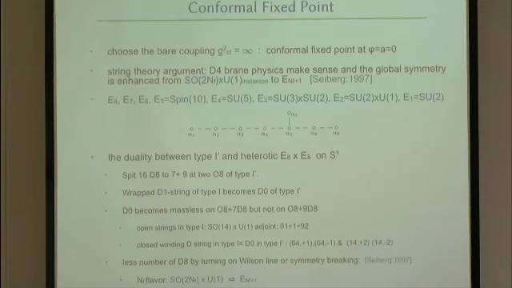And he produced a string theory argument, which I'll briefly review later, that D4 brane physics makes sense even with infinite coupling constant. As for the global symmetry of the theory, you have SU(N_f) flavor symmetry, but because SU(2) is pseudoreal, one can enhance the SU(N_f) flavor symmetry to SO(2N_f) flavor symmetry, and then you have a U(1) symmetry coming from instanton numbers, and these two are combined into exceptional groups.